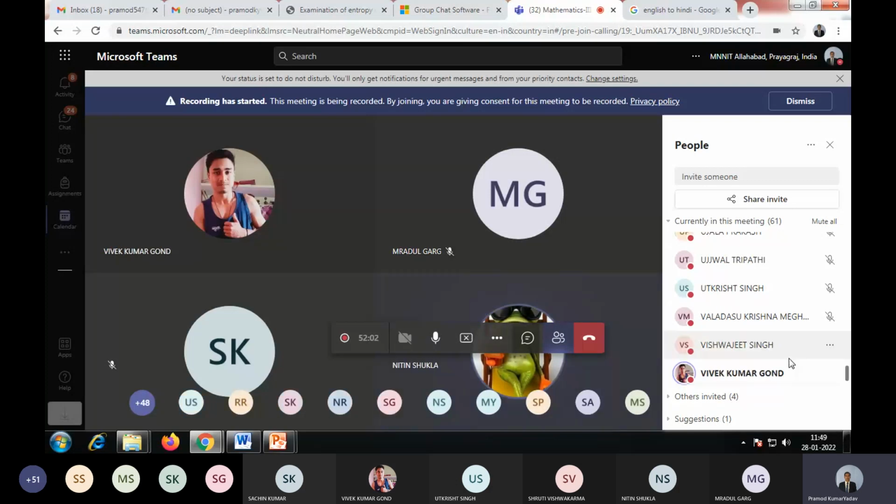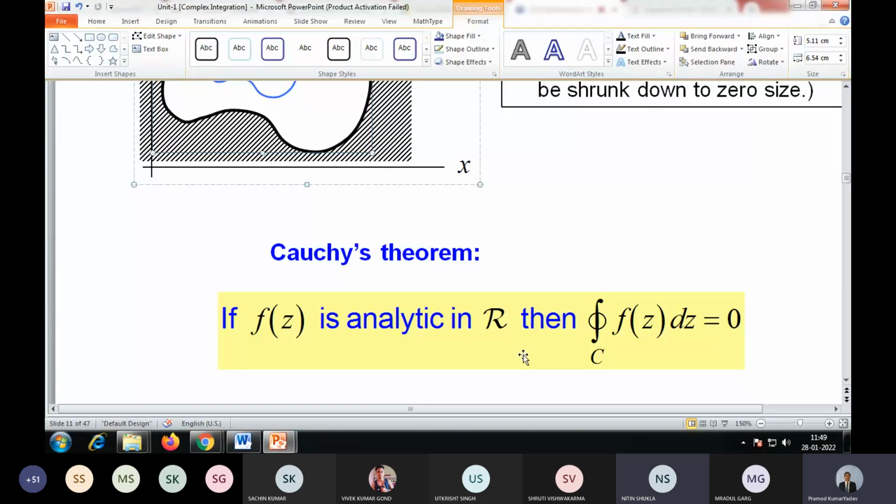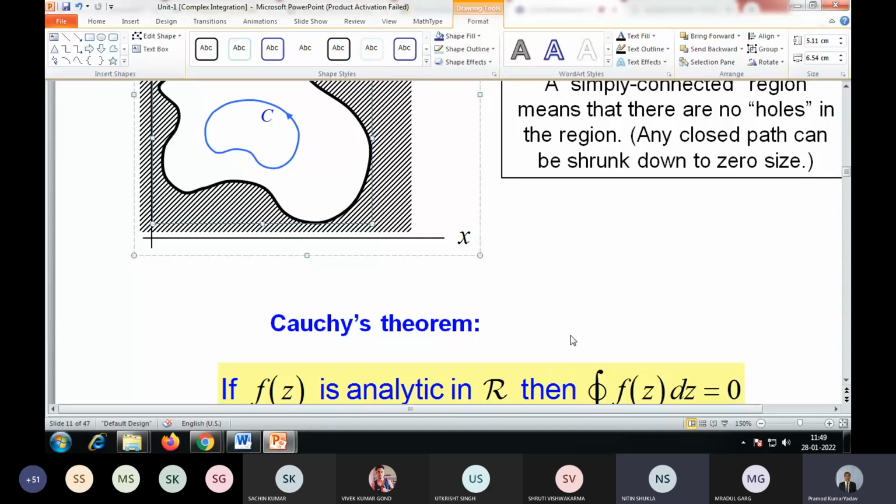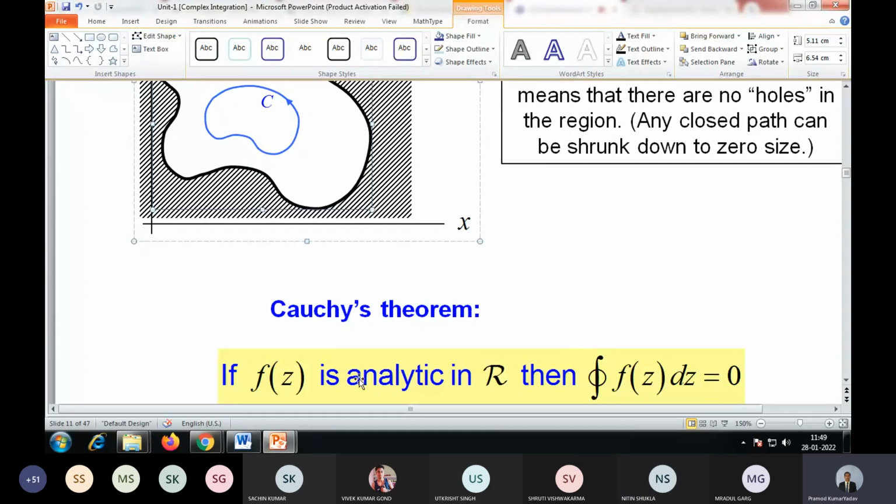Again I'm repeating. This Cauchy theorem states that the closed integral of f(z) dz is equal to 0 if f(z) is analytic within and on a closed curve C. You may see here, C is a closed curve. Okay Nitin?